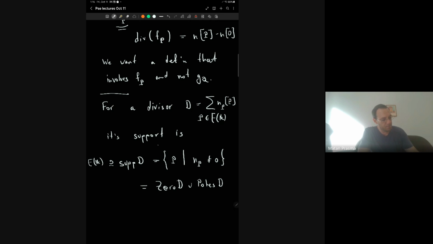And I can also do this for a rational function.